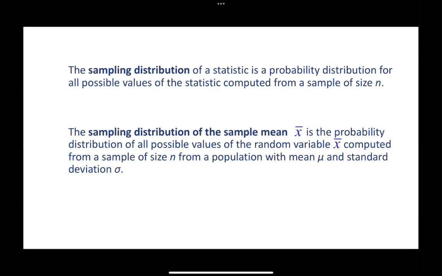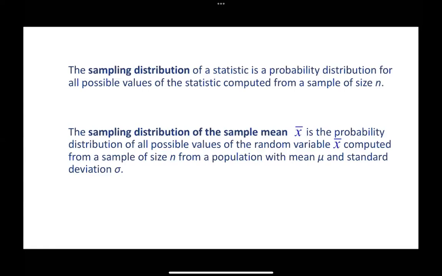So don't worry, you're not going to have to define these terms. A sampling distribution of a sample mean is if I took every single sample that I could of whatever size I decided, and I took the mean of every single one of those samples.